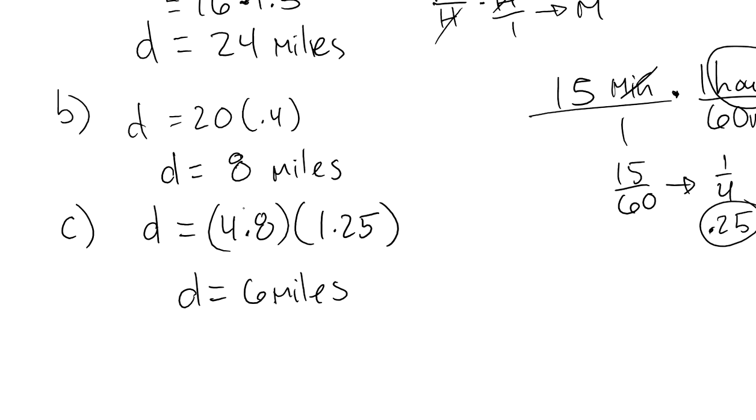And again, oh no, I'm sorry, I have that completely backwards here. This speed was 4.8 miles per hour, and you're multiplying that by 1.25 hours. So when you do that multiplication, the hours cancel and you're left with miles. So the answer there is 6 miles.